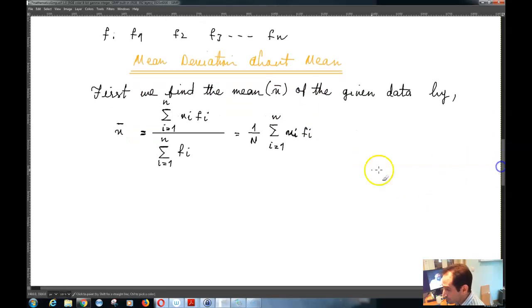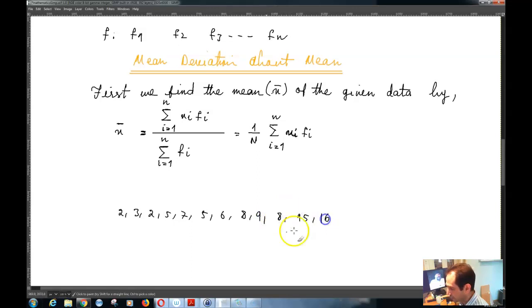That is 1 divided by capital N, sigma xi times fi as i goes from 1 to n. Suppose that you have some observations, like 2, 3, 2, 5, 7, 5, 6, 8, 9, 8, 15 and 16.